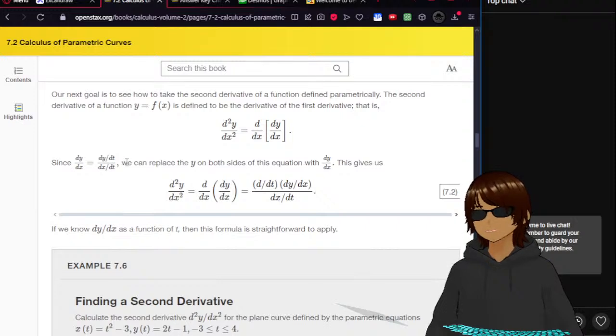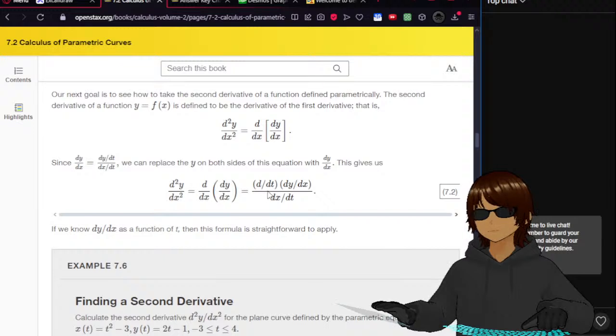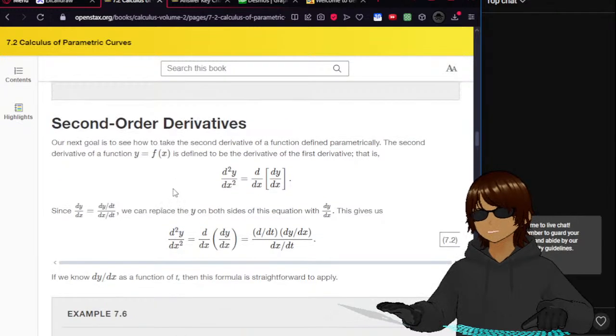We can replace y on both sides of this equation with dy over dx. This gives us d over dx of dy over dx, and then dy over dx stays here, but we are dividing both sides by dt.